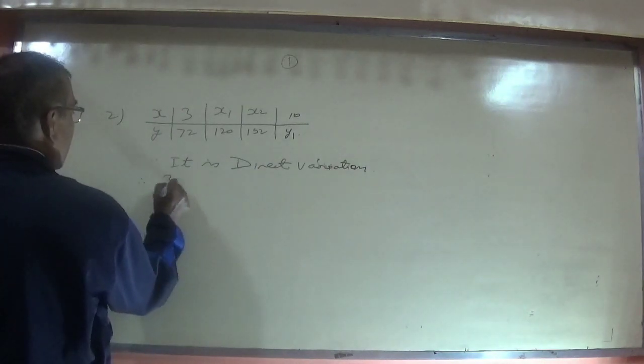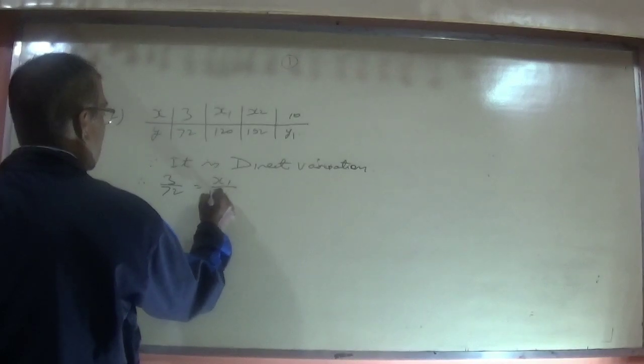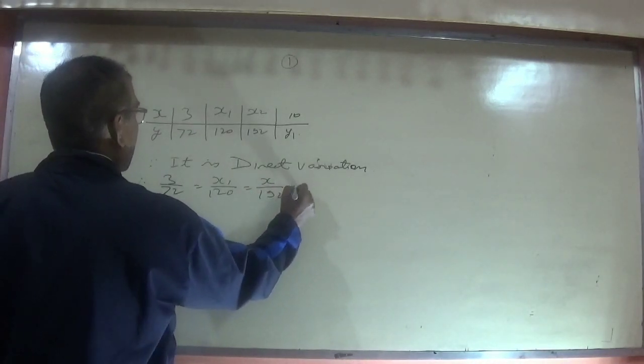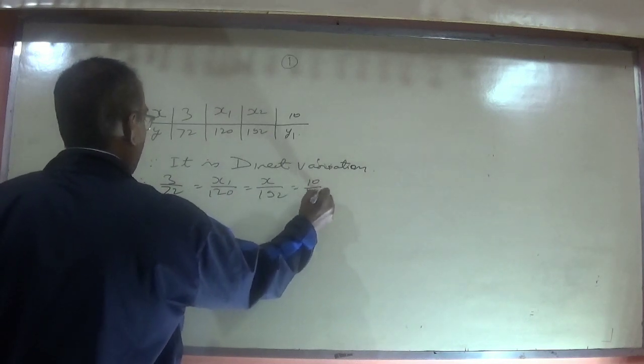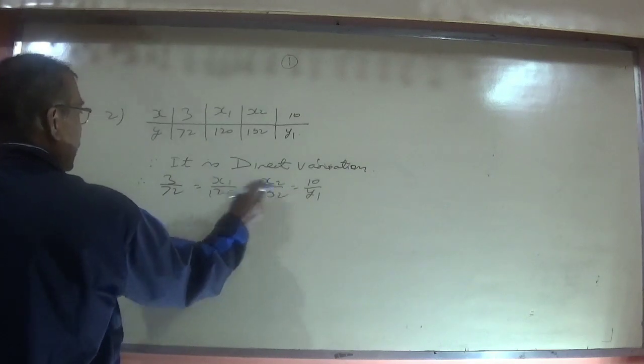Therefore 3 by 72 will be equal to x1 by 120, equal to x2 by 192, and equal to 10 by y1. Now take these pairs to find the unknown variables.